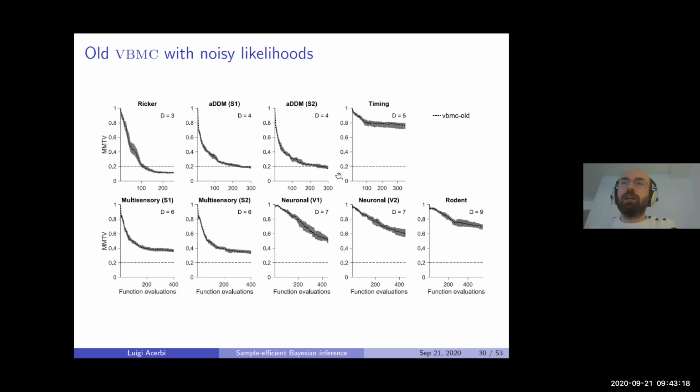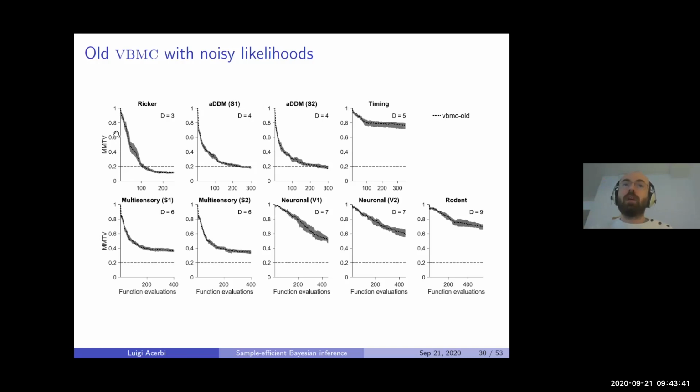What I'm showing here, in each panel, is a different model. These are all models from computational neuroscience or cognitive science. The title tells you the kind of model, and when a model is repeated, it's because we applied it to two different data sets just to check. On the x-axis, we have the number of function evaluations, so the likelihood evaluations to do.